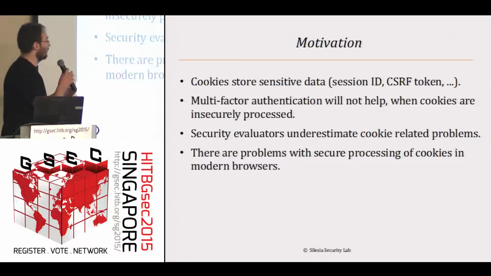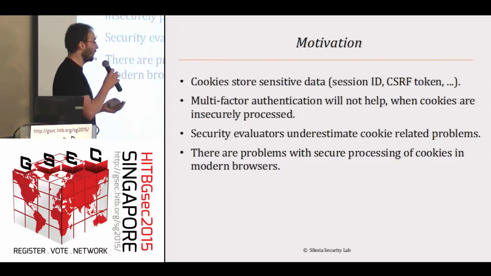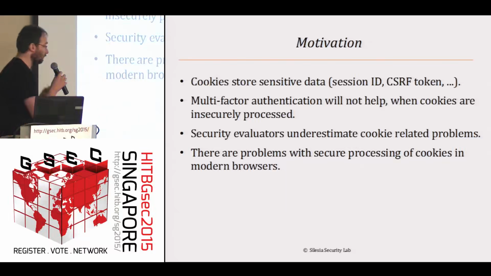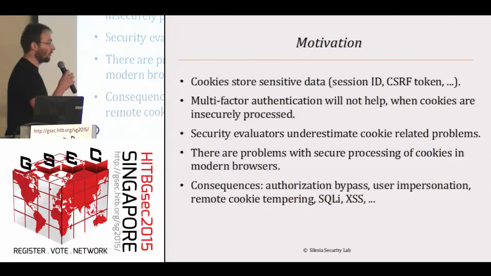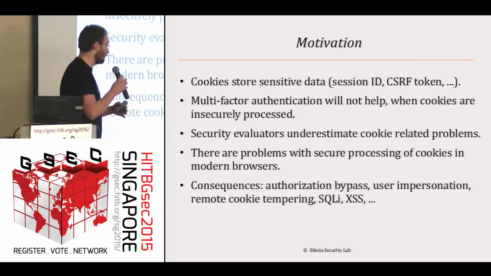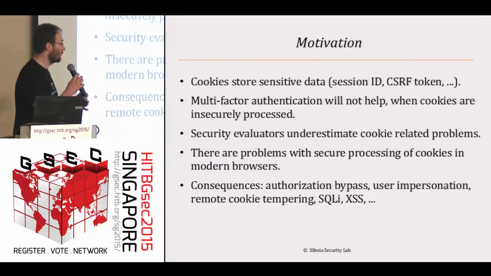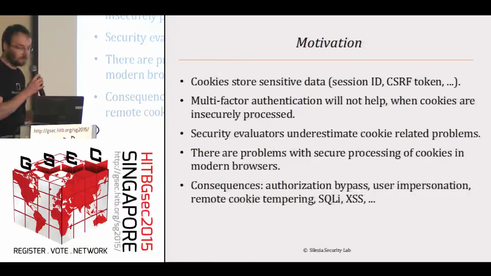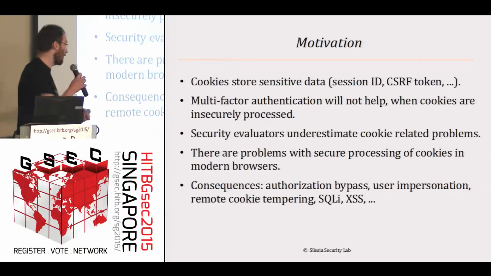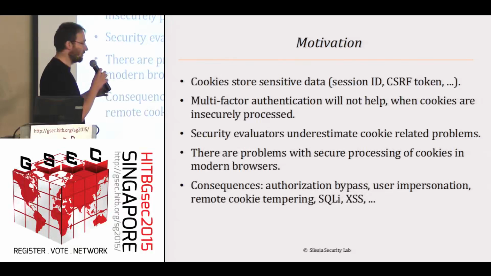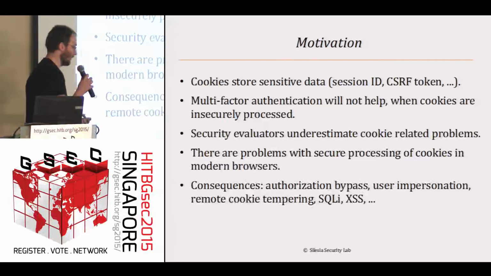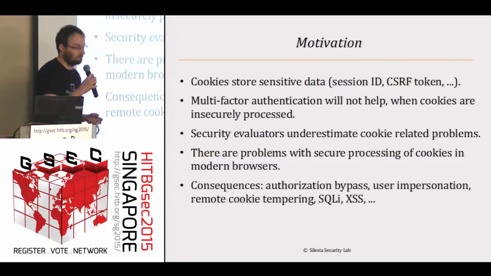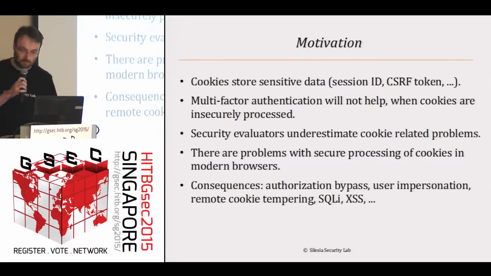So it's also very good to talk about this perspective of cookie hacks. And what about the consequences before going to details? The consequences of insecure cookie processing are, for example, user impersonation, authorization bypass, remote cookie tampering, and so on and so forth. So really bad things can happen if we don't take cookie processing seriously.